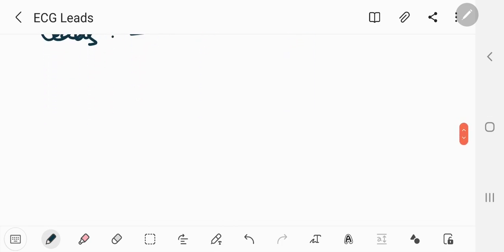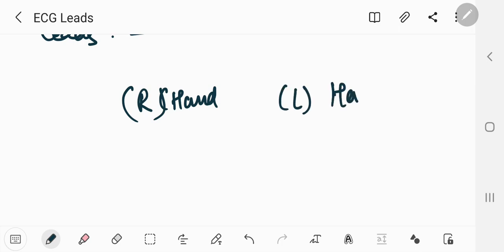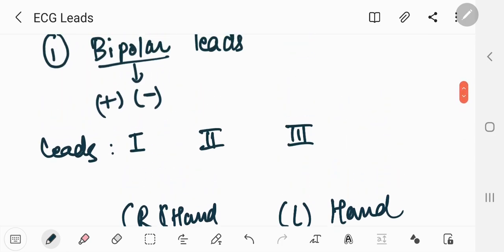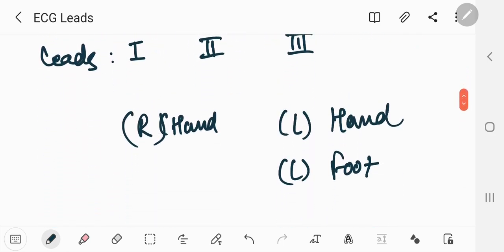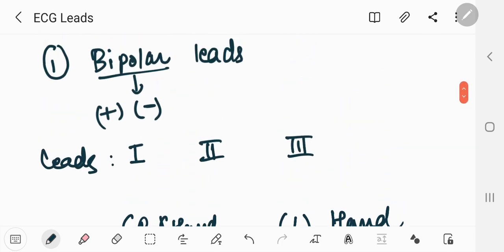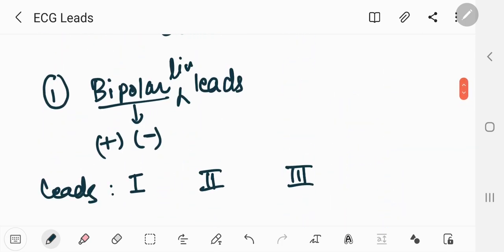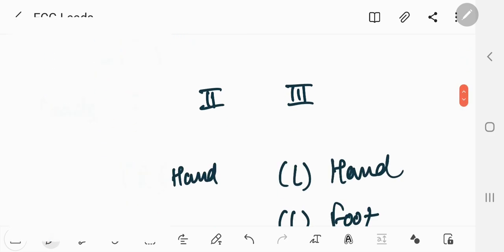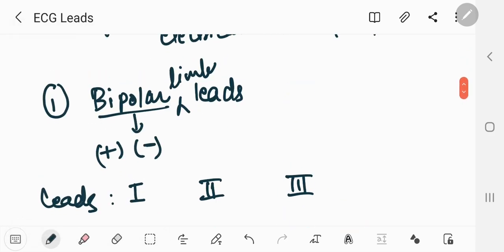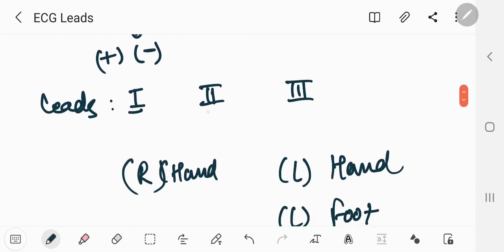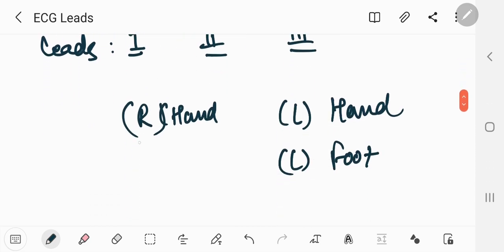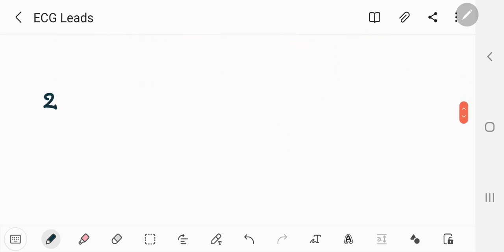These leads are placed on the right hand, the left hand, and the left foot of the body, and basically, they measure the potential difference between these. So these are bipolar limb leads. Again, bipolar limb leads include leads 1, 2, and 3, and these are placed on the right hand, left hand, and left foot.